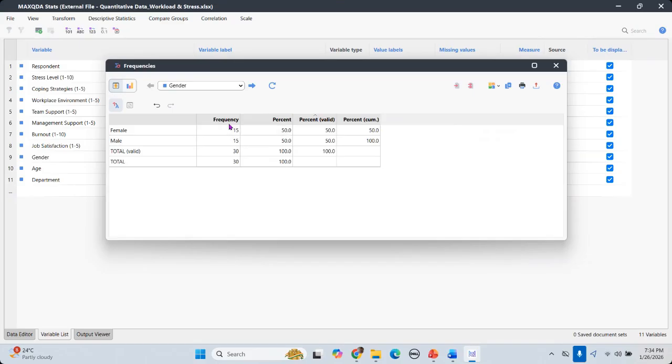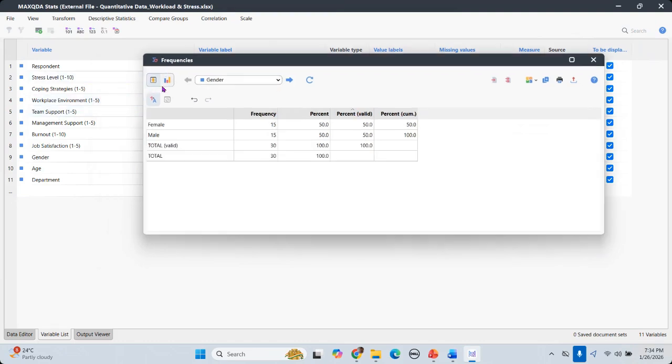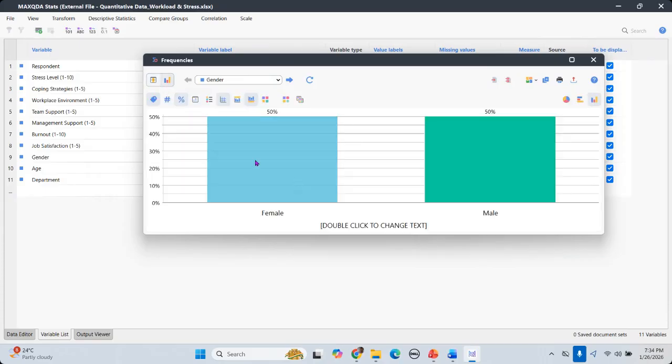In addition to the frequency table, I also want to use certain charts. Instead of continuously using tables, one time table, one time chart, I want to prepare it. If you look at the top of this ribbon window, we have a couple of options. I can prepare the chart here.